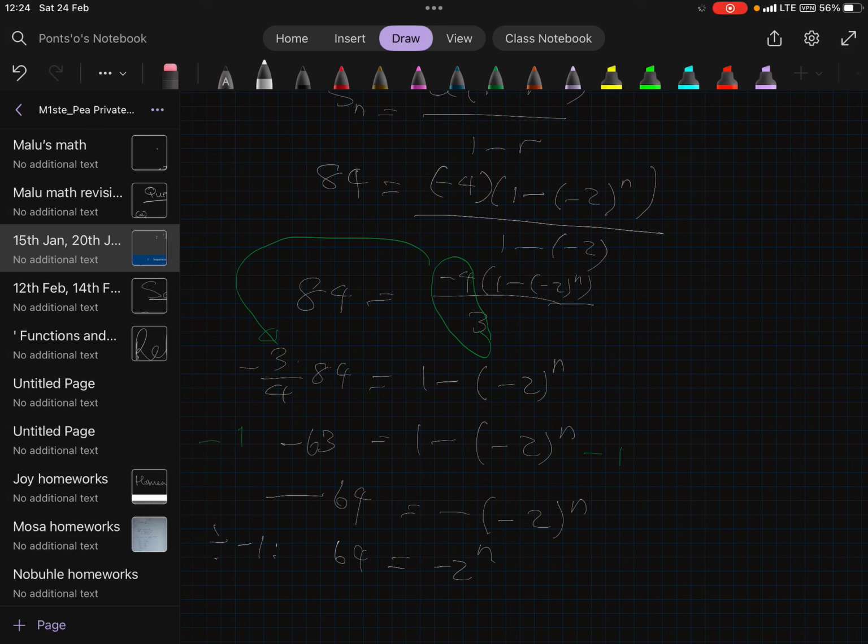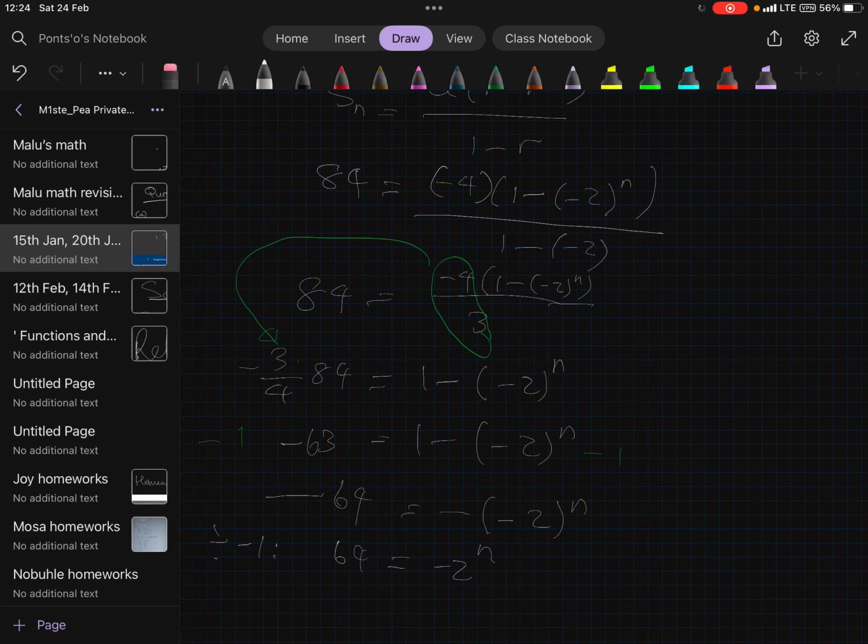If you have the number 2 and you keep multiplying it by itself, how many times do you have to do that operation until you get to 64?